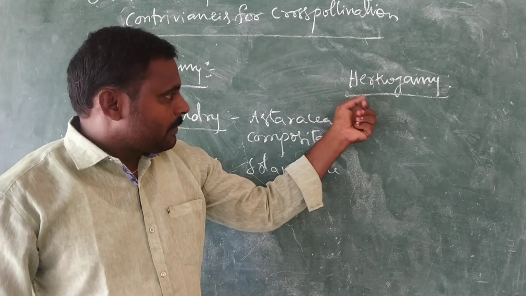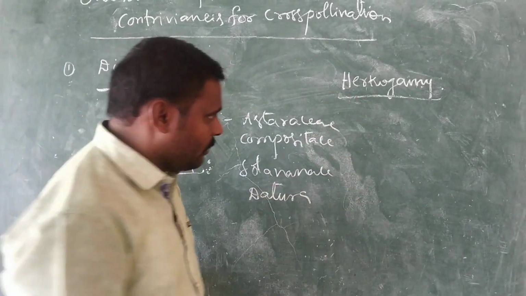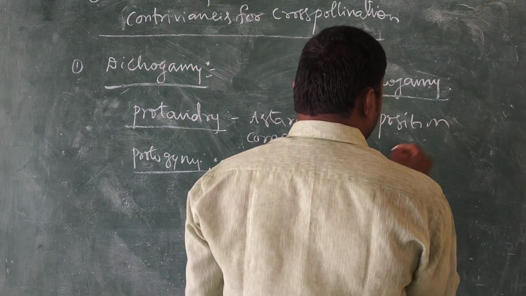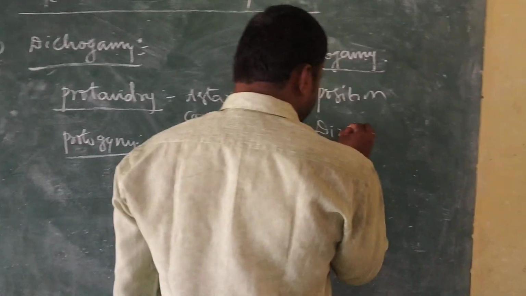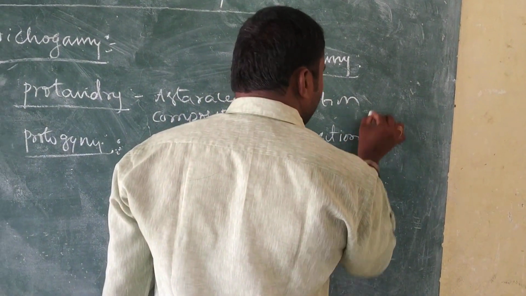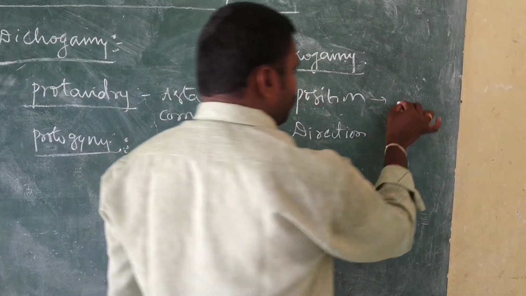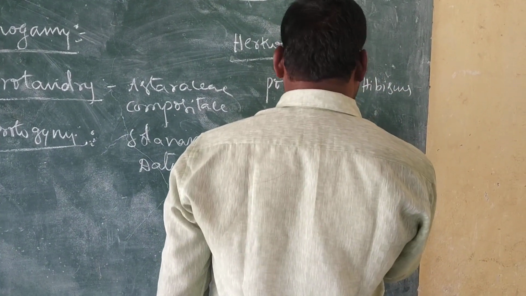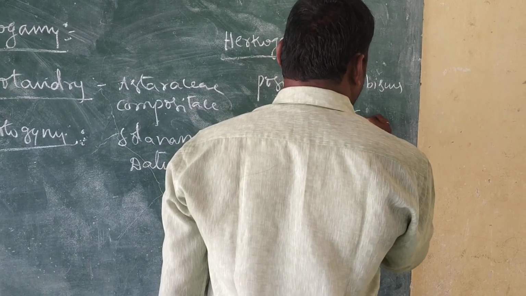Hercogamy means the sex organs are present in different positions and different directions. An example for different positions is hibiscus, and an example for different directions is Gloriosa superba.